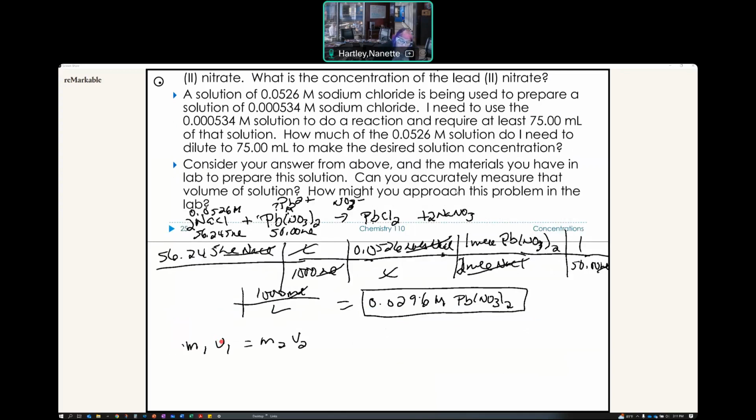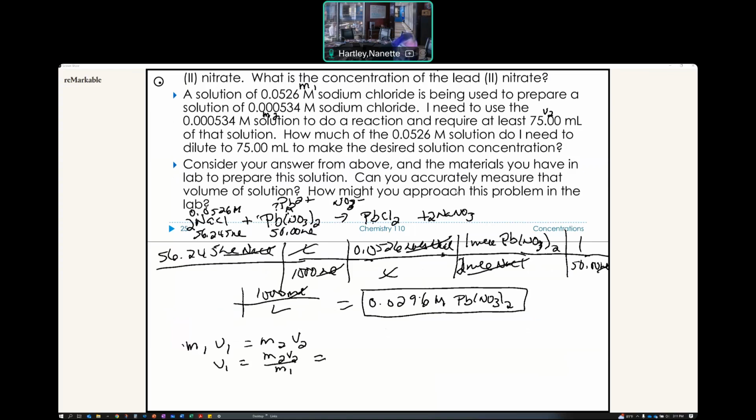So I know that my M1 is this number right here. My M2 is that number right there. And this is my V2. And I'm really trying to solve for V1. So I'm going to rearrange this. I'm going to solve for V1. So V1 is equal to M2 V2 over M1, right? So I can plug in the numbers that I have.